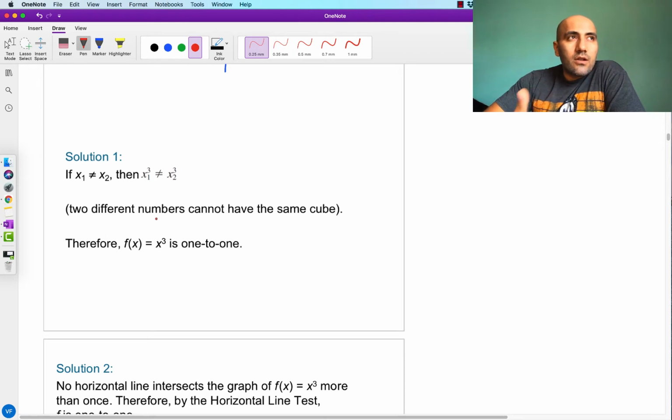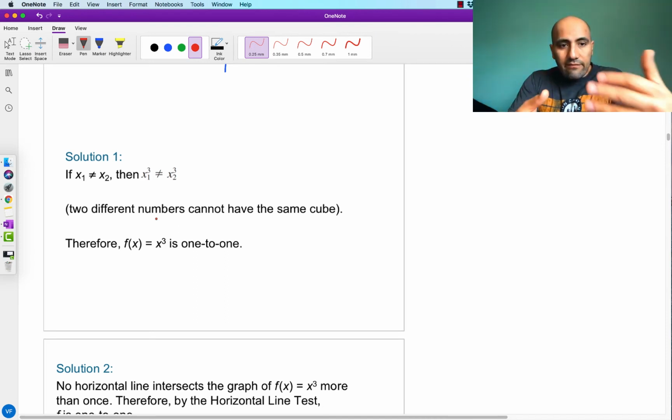So just knowing the nature of the curvature and knowing that two different numbers cannot have the same cube, there's no way that two different inputs will result in the same output, right? And that just stems from understanding the graph in some very simple cases, or if you can visually see the graph, right? If it's presented to you, then you can use that logic. Otherwise, the graph and the vertical line test does a good job.